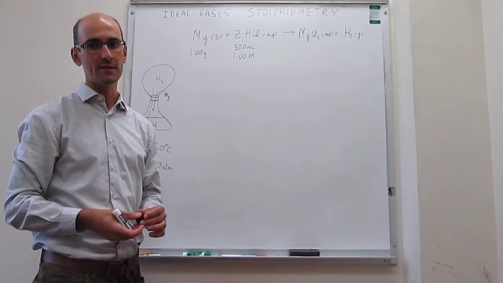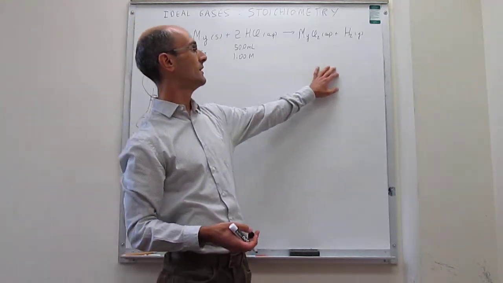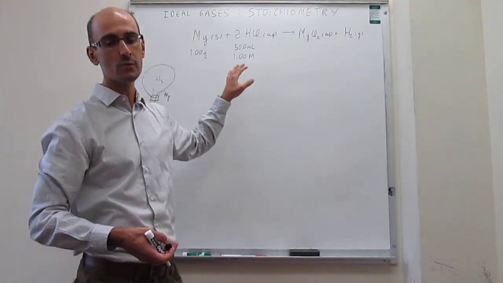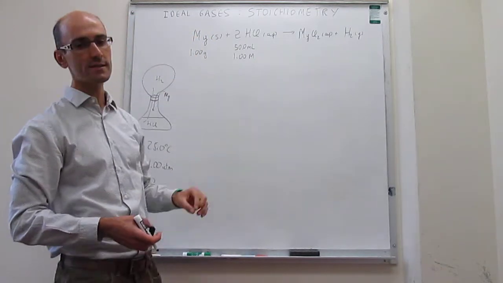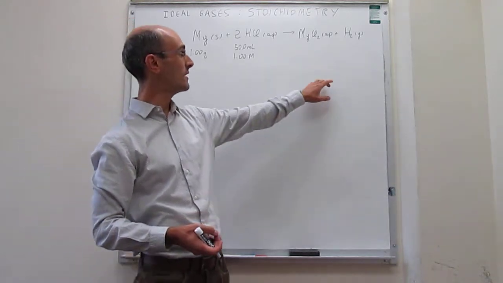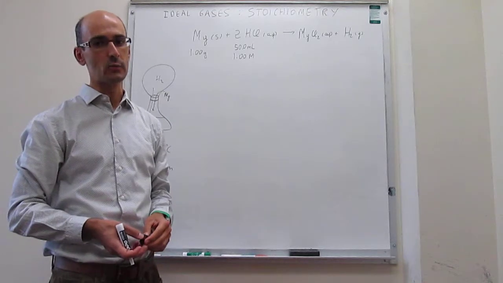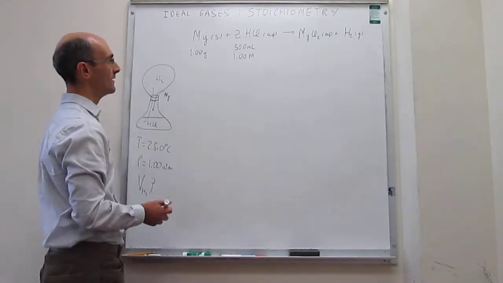So this is going to be a problem of limiting reagents, in which we're simply going to calculate the yield of H2 according to whether each of the 2 reagents is limiting. And then from the moles of hydrogen that we get, we should be able to calculate the volume using the ideal gas equation.